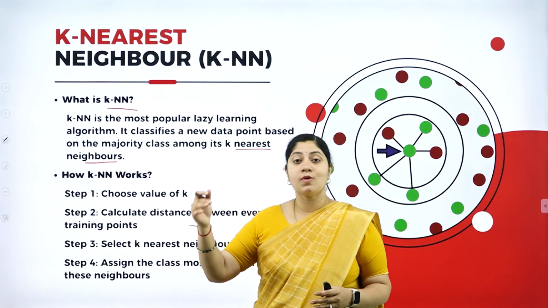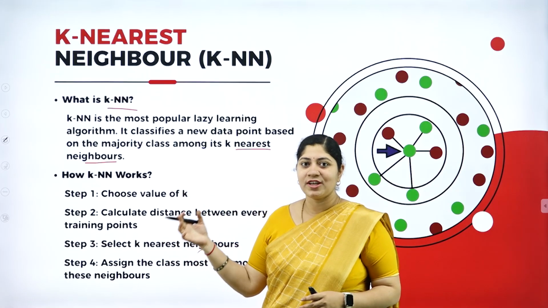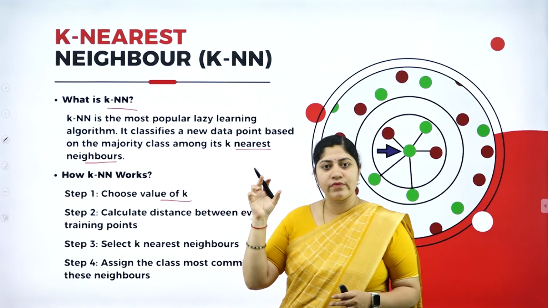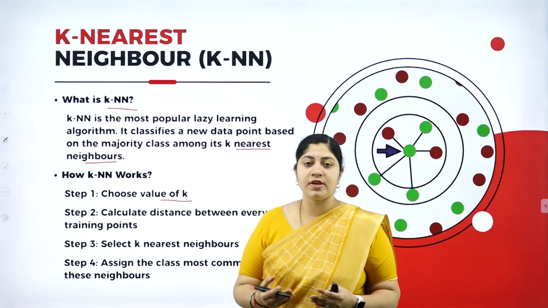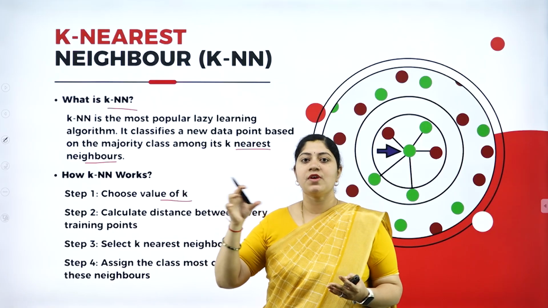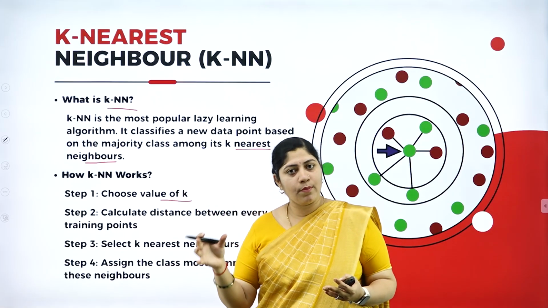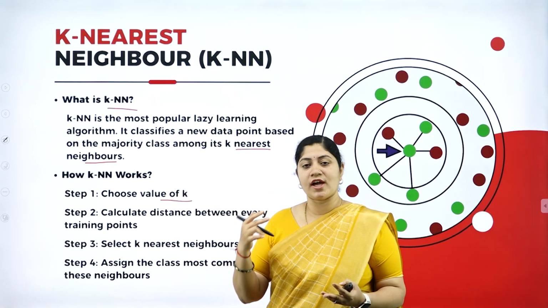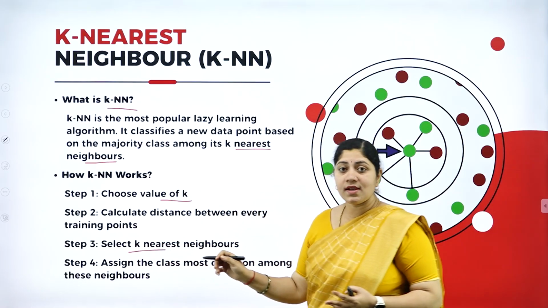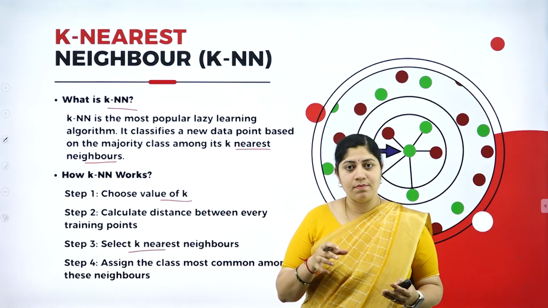Let's understand how this KNN works. Initially, it starts with choosing a value of K, and the next step is step 2. Under step 2, the distance between each of the nearest training points is calculated. The third step is selecting the K nearest neighbors.